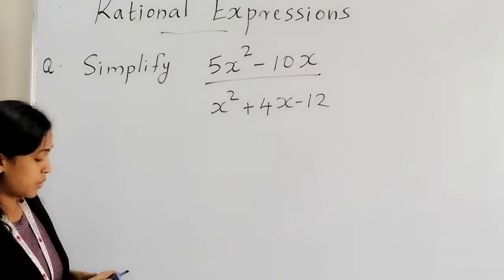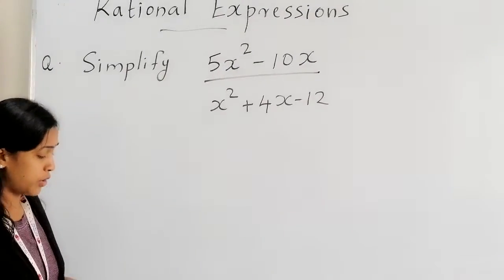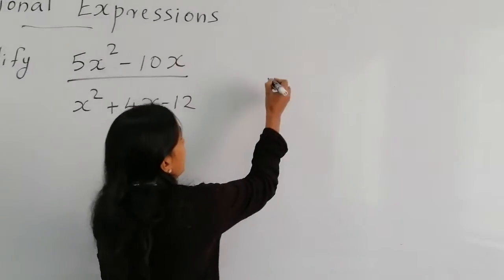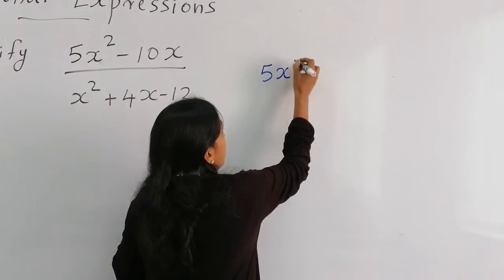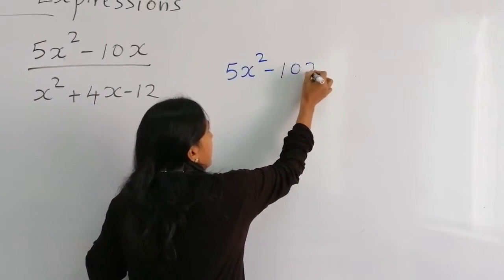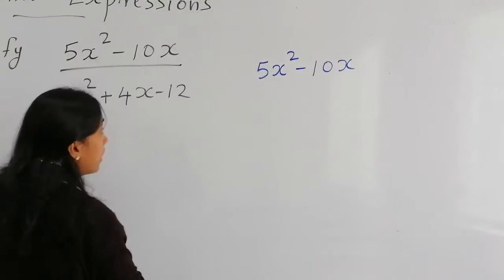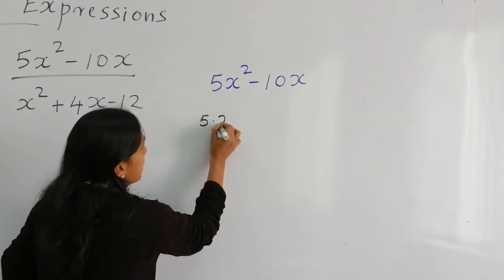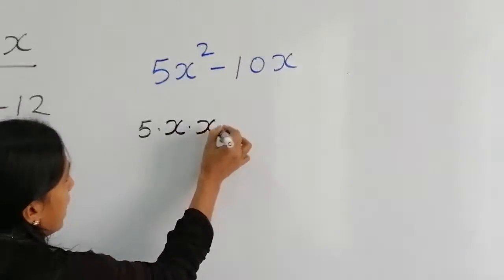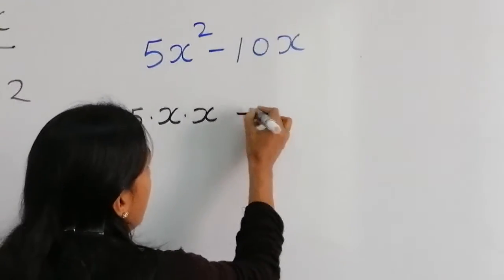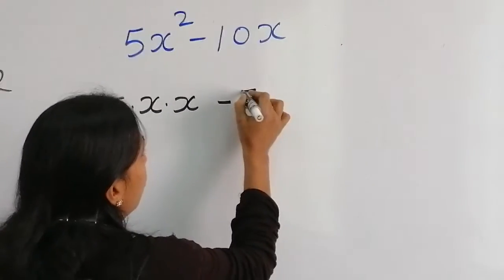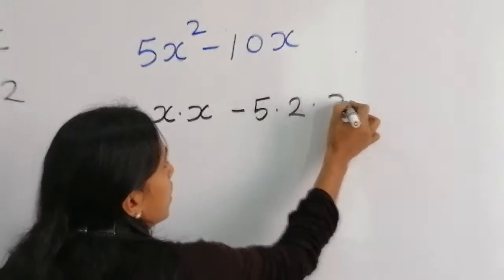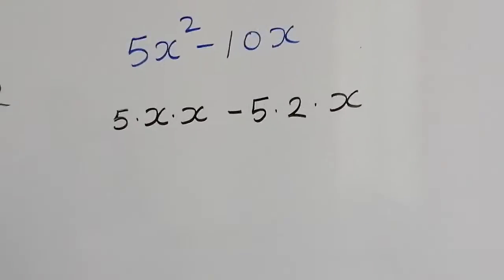So let's do the factorization of the numerator. 5x squared minus 10x. As you know, 5x squared means 5 times x times x, and 10x means 5 times 2 times x.